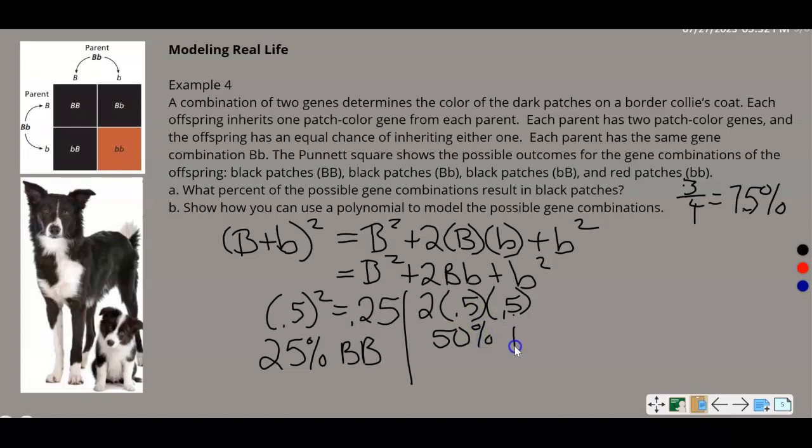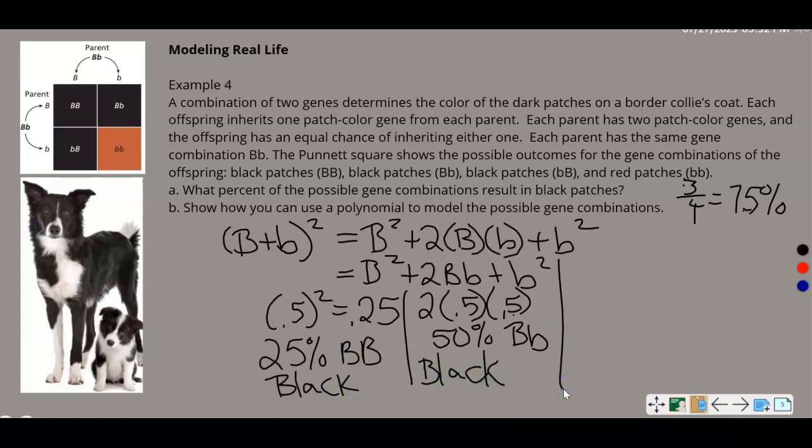That's going to be capital B and lowercase b for the black patches. So this one is black, and this one is black patches as well.